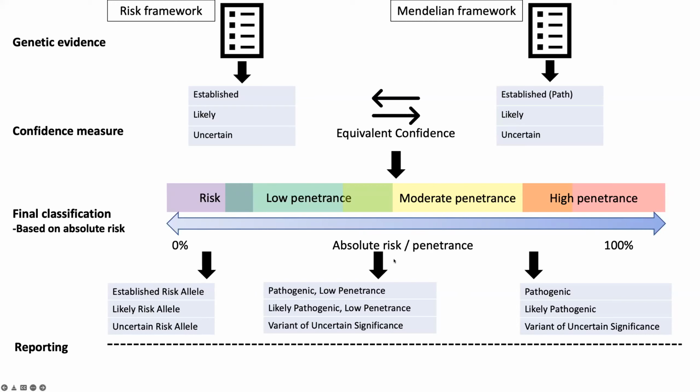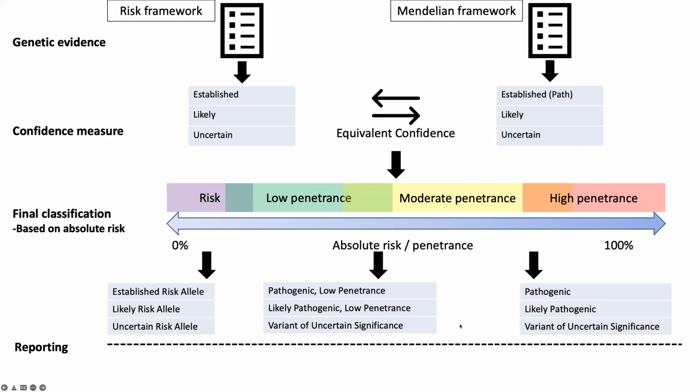That's where we are trying to get to. It's a little uncertain where these thresholds actually lie, and that's one of the things we're trying to work out now with the low penetrance work, helping define the boundaries between risk, low penetrant, and high penetrant. That's where we're at.